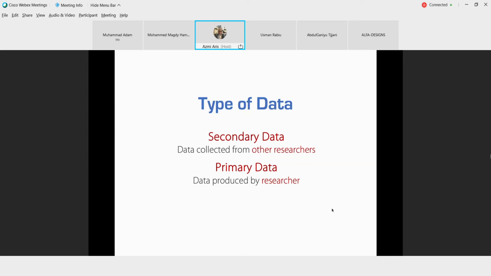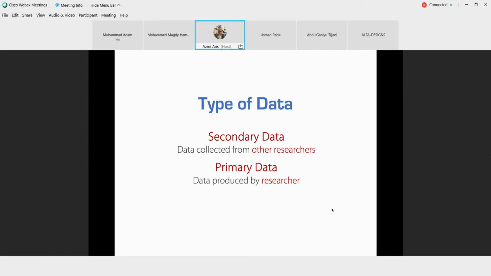But there are some researchers who rely heavily on secondary data. They don't have any primary data. This normally falls under those who work heavily on a mathematical model. Their work is to develop some mathematical model, or maybe some physical model as well.